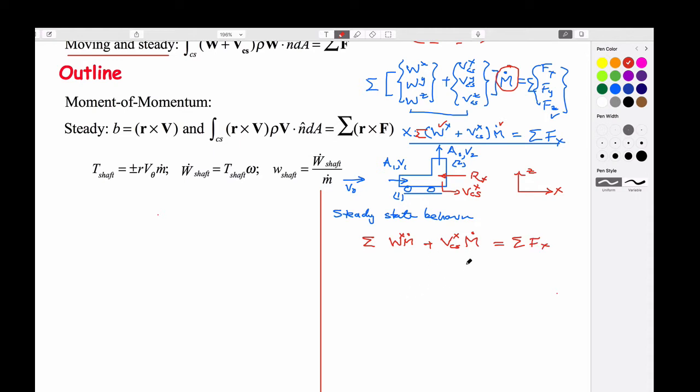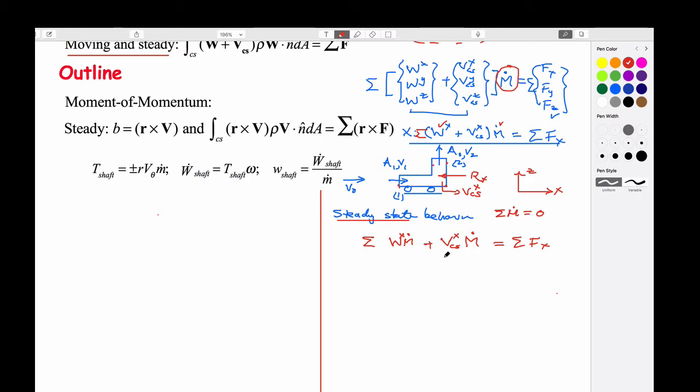So the reason for writing this is, if it's steady state and the mass flow rate in is equal to the mass flow rate out, so steady state implies that the sum of the mass flow rates are equal to 0, in equals out, then by definition, since the control surface is not deforming, the velocity has to be one number. This part here has to be going at the same velocity as this part here, and this part here, and this part here in the x direction.